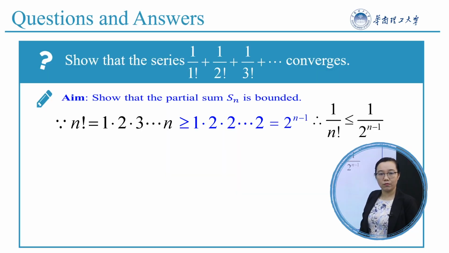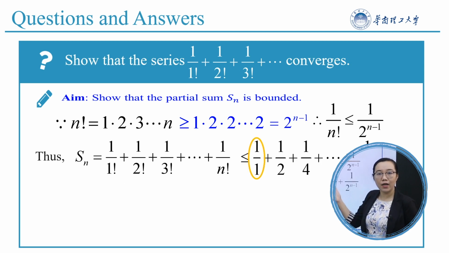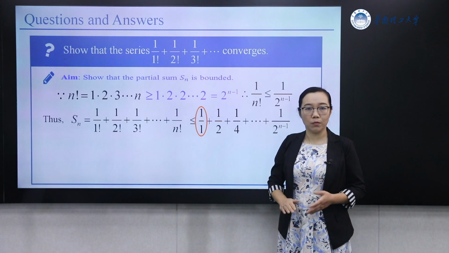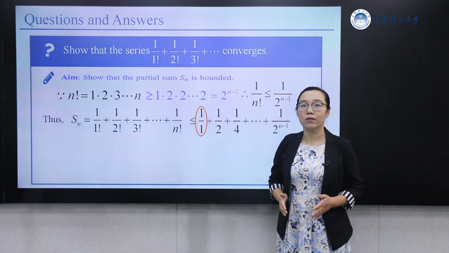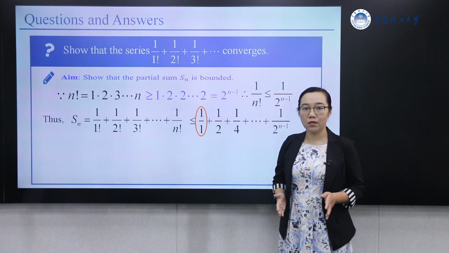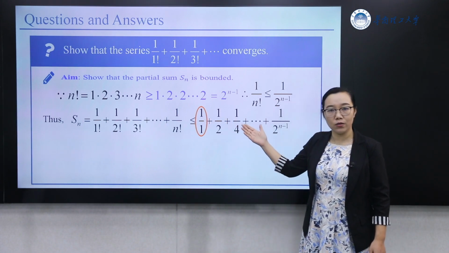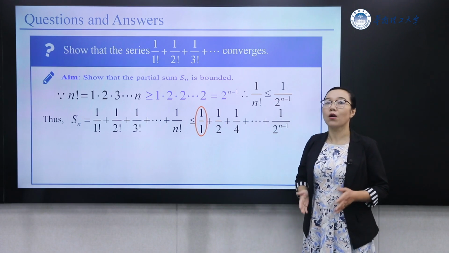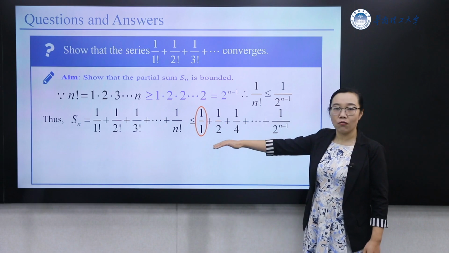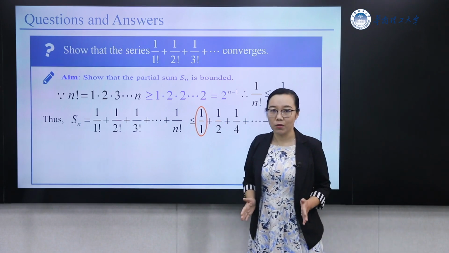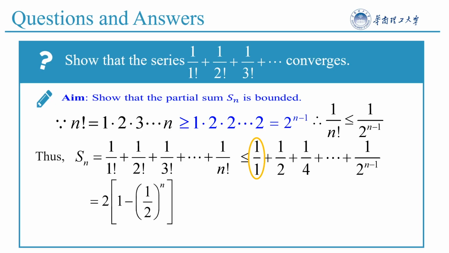So we have 1 over n factorial is less than or equal to 1 over 2 to the power n minus 1. Thus, the partial sum Sn is less than or equal to 1 plus 1 over 2 plus 1 over 4 up to 1 over 2 to the power n minus 1.